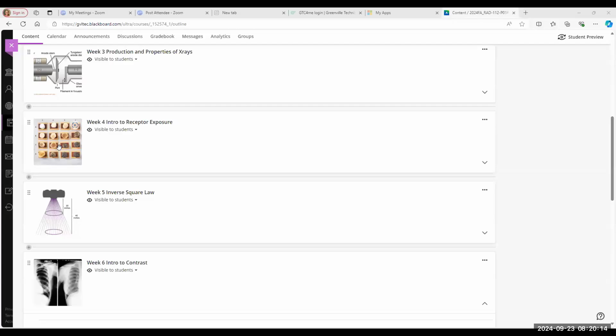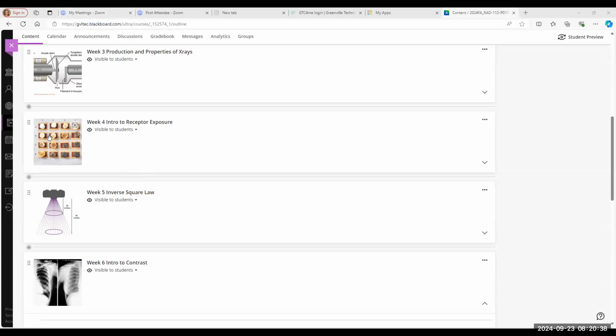Okay, so this picture here, right? If you think about receptor exposure as being how much exposure the marshmallow had to the fire, okay? Think of it in those terms.